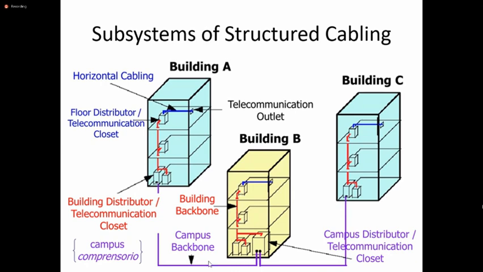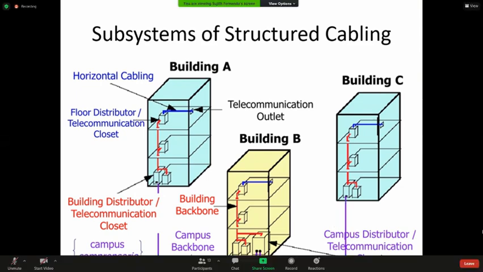So campus backbone: if this is a university, then these will be connected to other buildings, right? So it will be connected to this building's backbone, and the other side will be connected to another building.